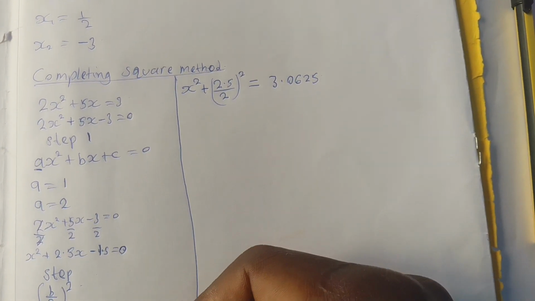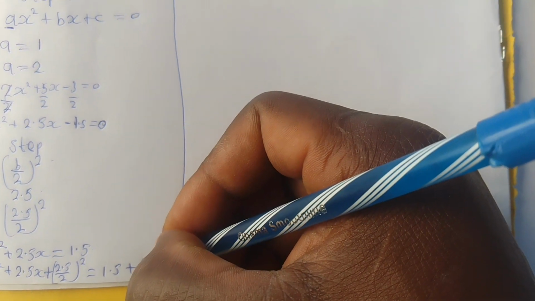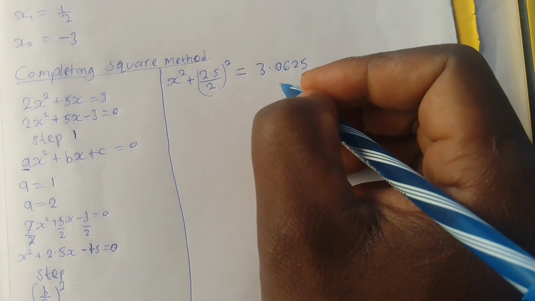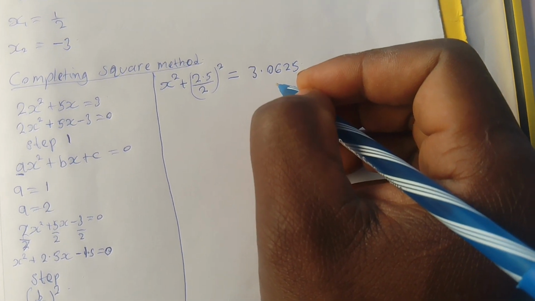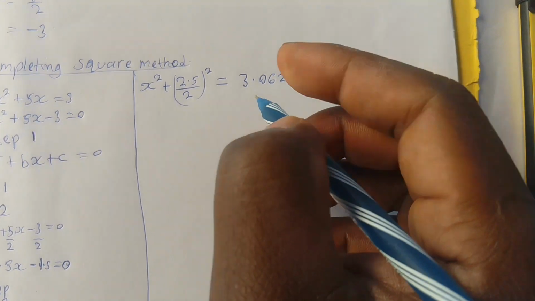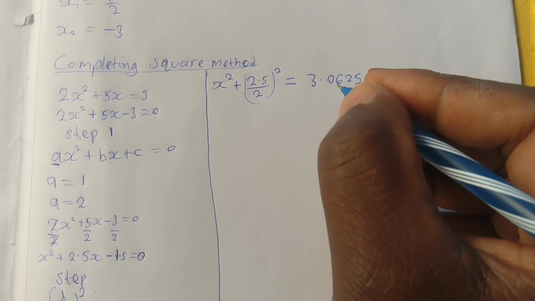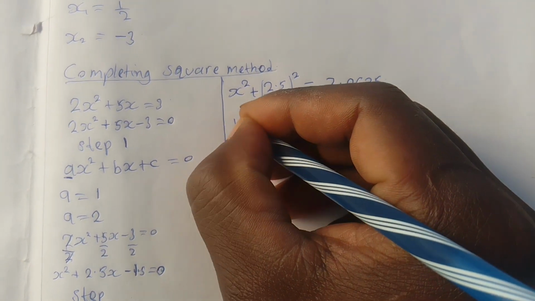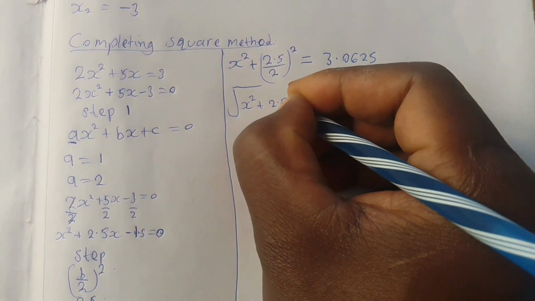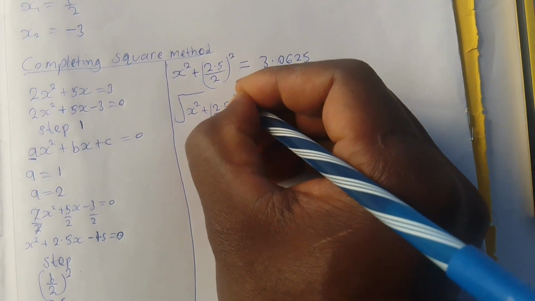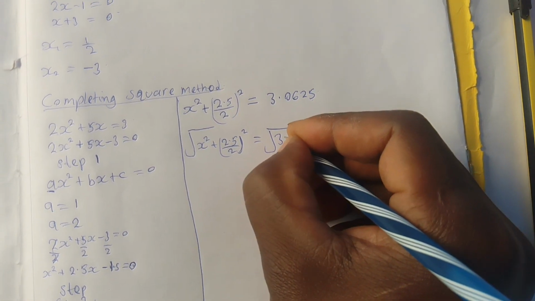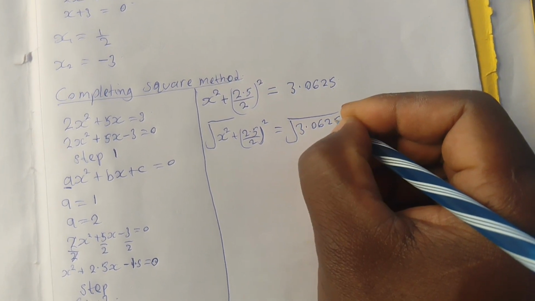This is 1.5 plus 2.5 divided by 2 squared, which will give you 3.0625. So after adding this, you get the square root. Now get the square root of both sides. The square root of (x plus 2.5 over 2) squared is equal to the square root of 3.0625.